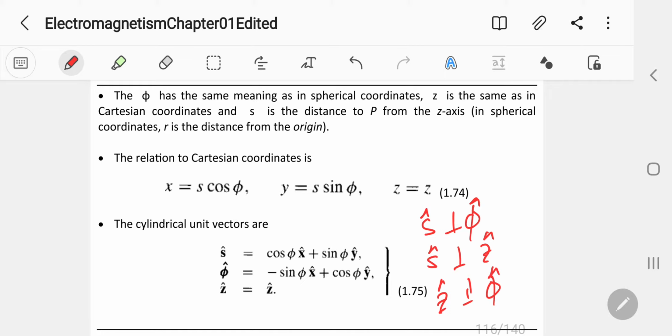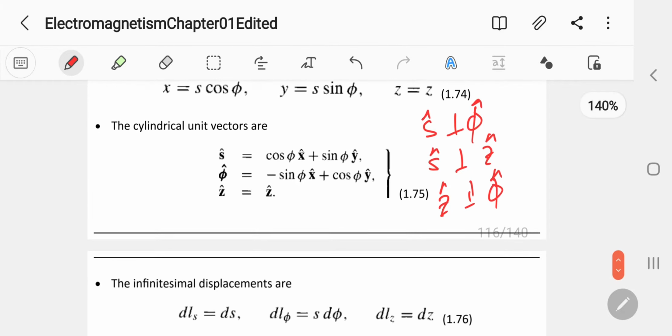The same as the spherical coordinates, the cylindrical coordinate system also has a different set of mutually perpendicular unit vectors at every point, because it depends on the angle phi.